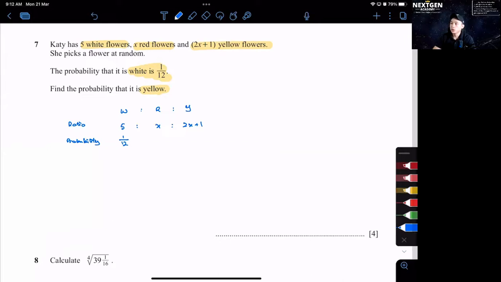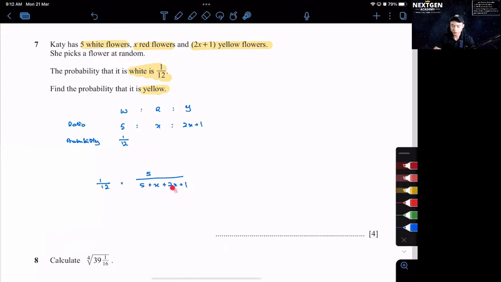So I can construct an equation. We need to find what x is first. 1 over 12 is equivalent to 5 over 5 plus x plus 2x plus 1. Can you see? This is the part, and this is your total.